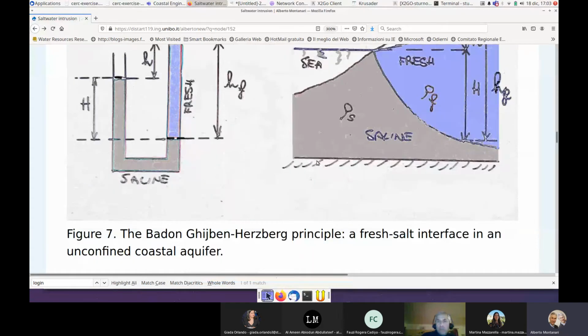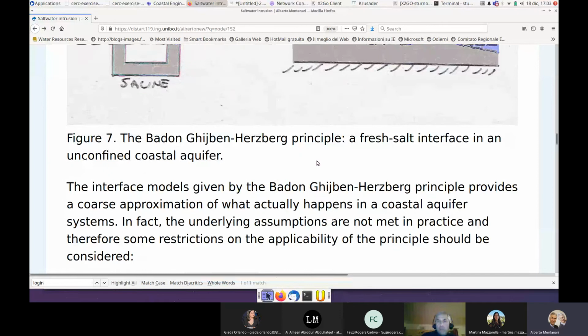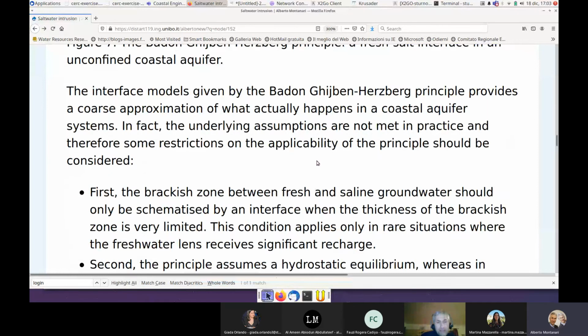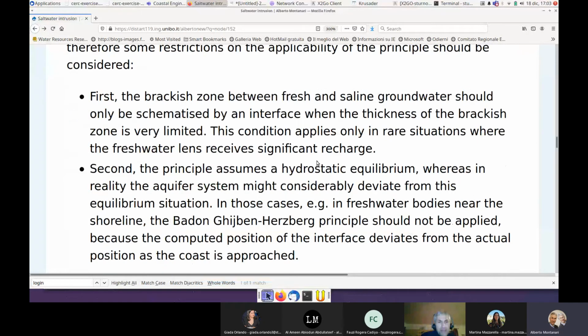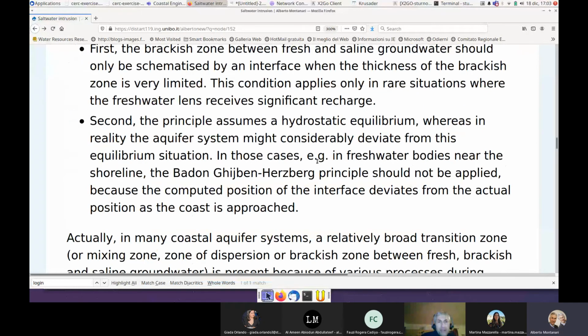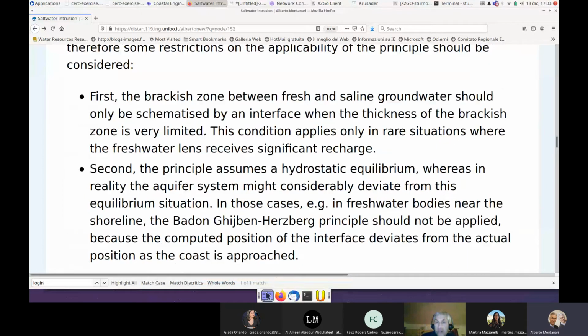Let's think back at the assumptions that we made. First, we assumed that the brackish zone between fresh and saline groundwater, as we said before, is an interface with a sudden change, and this doesn't happen.